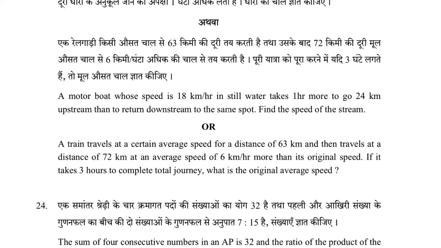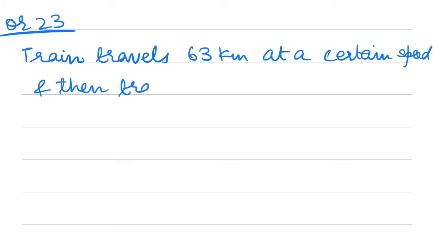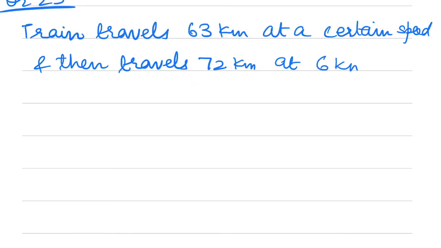Here we are given that a train travels 63 km at a certain speed and then travels 72 km at 6 km per hour more speed.